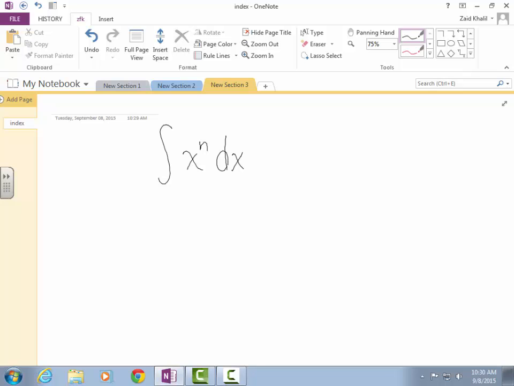Why? Because what does this correspond to? This is your function, your f of x. And what does the dx correspond to? Your delta x, each one of those increments that you're finding f of x at.